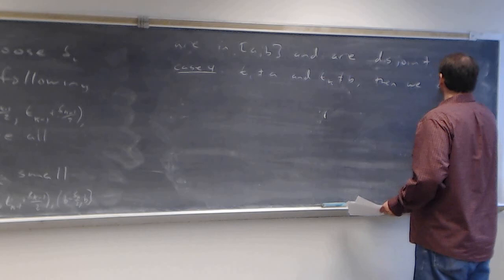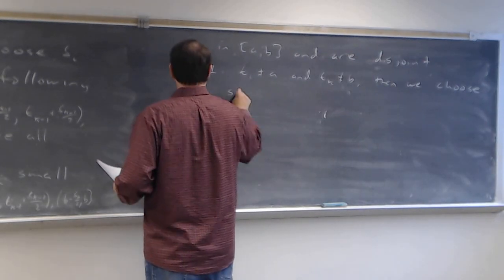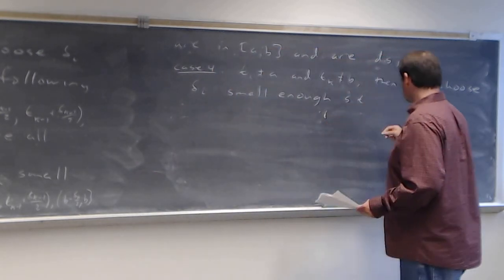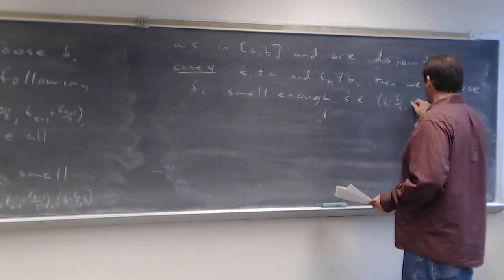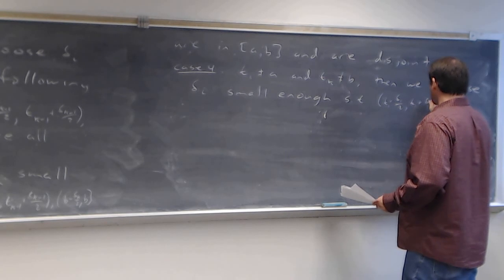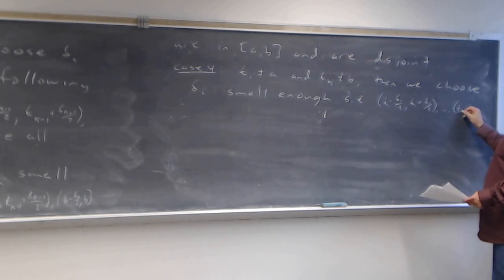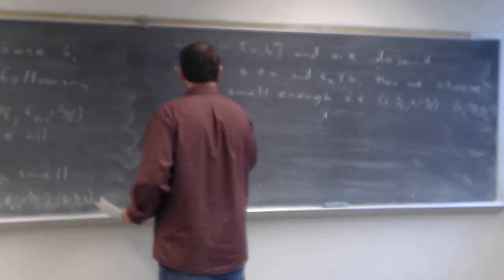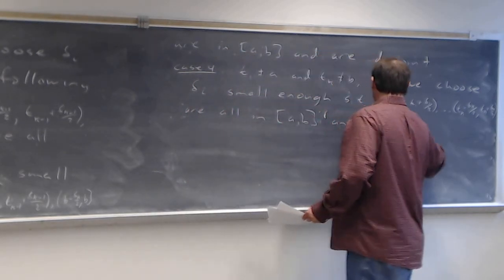And we choose the delta sub i's small enough such that t sub 1 minus delta sub 1 over 2 up to t sub 1 plus delta sub 1 over 2, all the way up to this last interval of t sub k minus delta sub k over 2 up to t sub k plus delta sub k over 2 are all in a to b and are all disjoint.